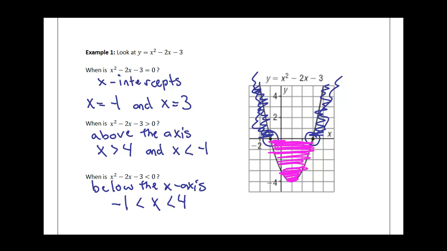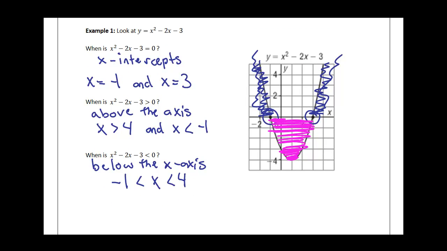So when we're looking at whether the graph is below the x-axis and above the x-axis, we're going to have one being in between a set of points and one continuously growing out from a set of points. So here we had above the axis being growing and getting larger. And below the x-axis, we were in between a set of points.